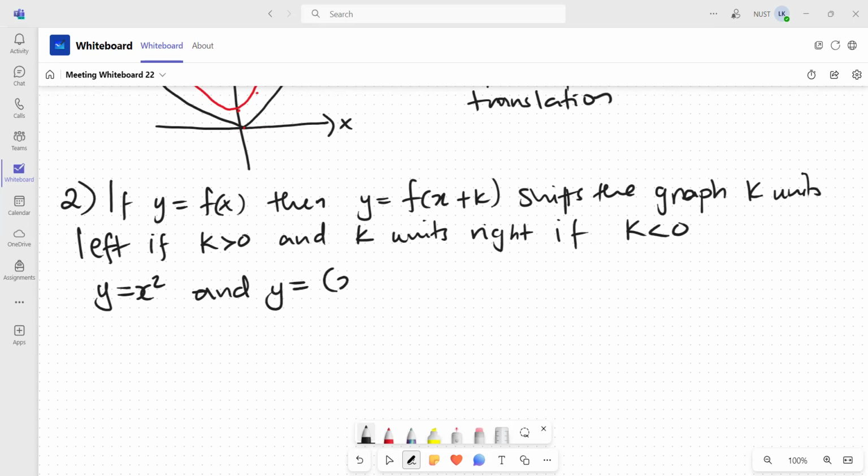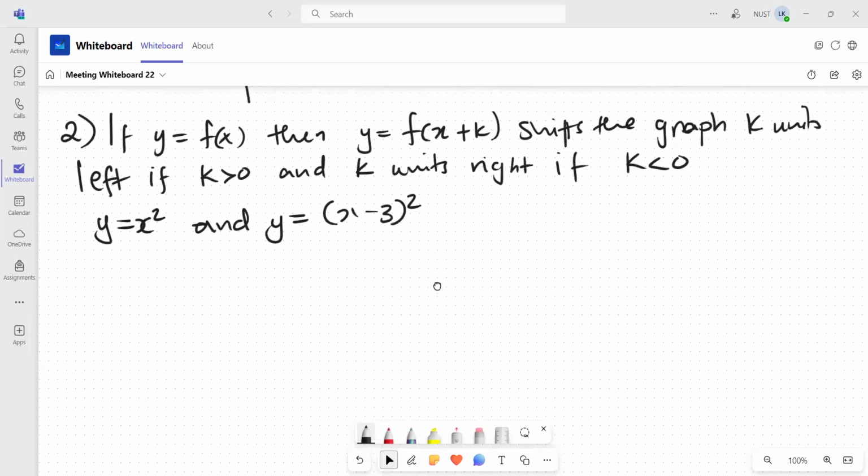equal to x minus 3 squared. So we ask ourselves, what is going to happen to this graph? So with questions like this, you need to be able to state what the transformation is, what actually happened to your graph, okay?